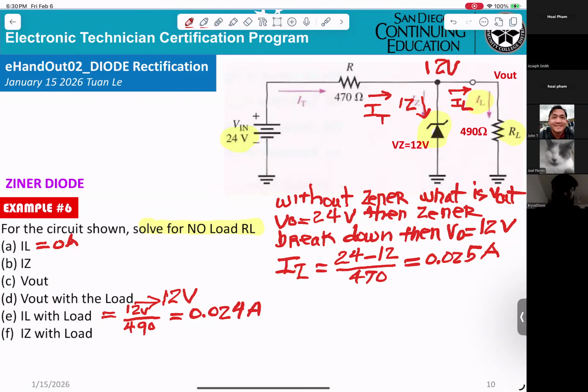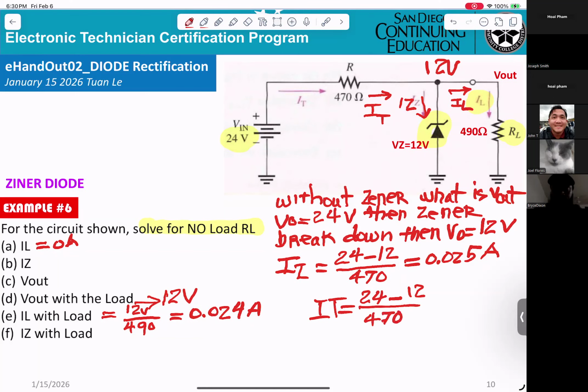That's what you get, 0.024 amp. And they want to know this current, so you need to calculate the I total. I total equals 24 minus 12 divided by 470. We already did it.